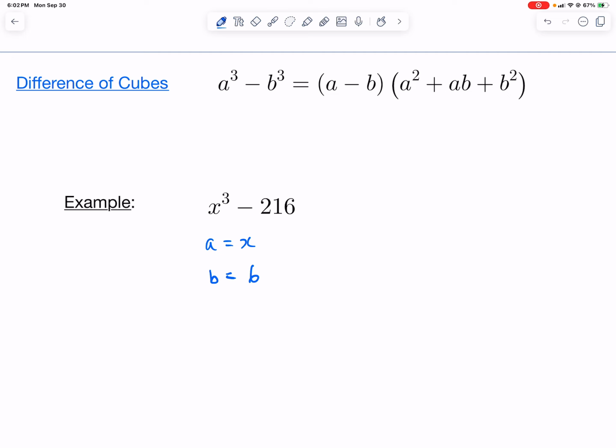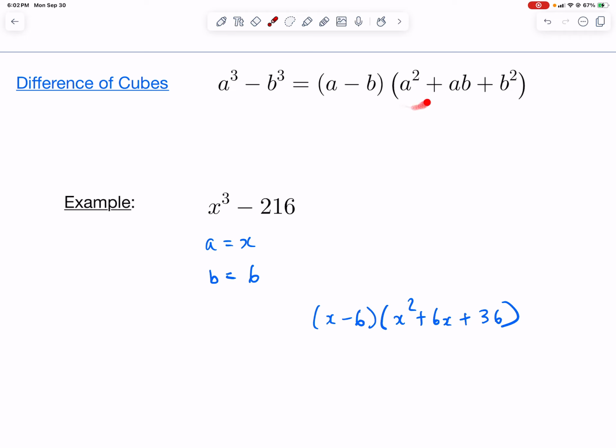So then if we put it in this format here, that's going to be x minus 6 times x squared plus 6x plus 36. A minus b, so x minus 6.